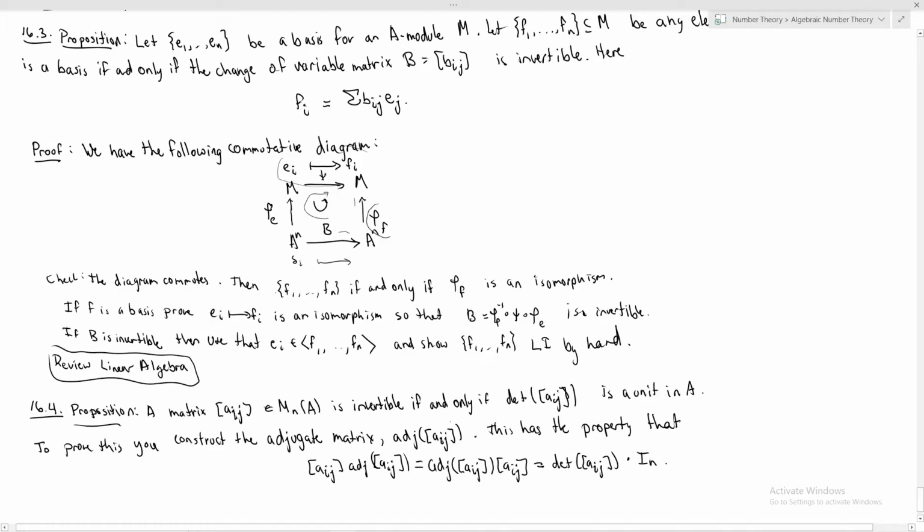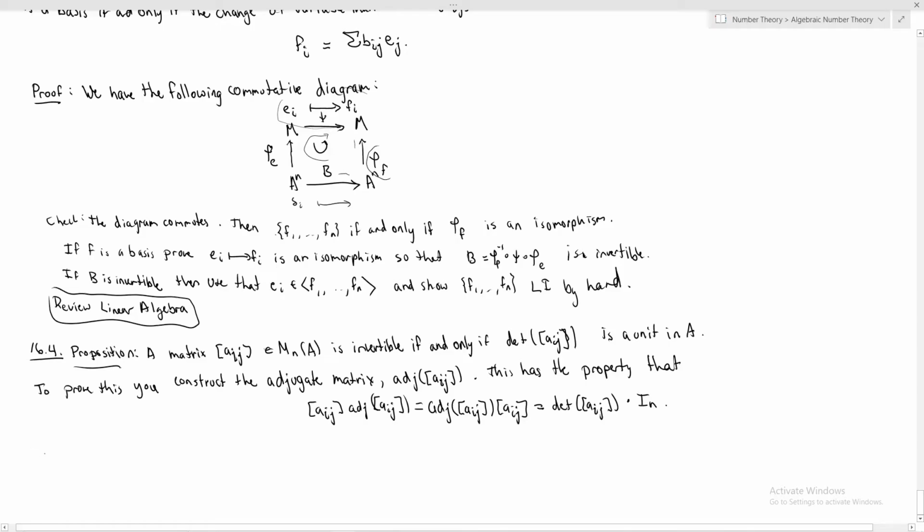So basically, one direction of this proposition is easy. If I'm invertible, then since the determinant is multiplicative, the determinant of this matrix has to be a unit. If the determinant is a unit, then this matrix is invertible, which means that A_ij times another matrix is invertible, which means that A_ij is invertible.